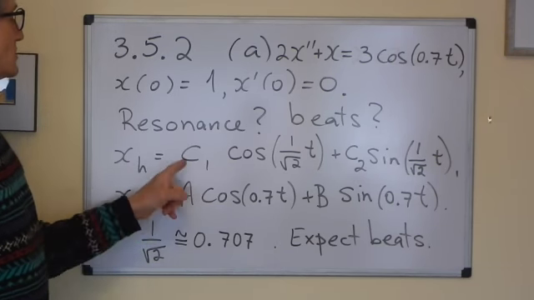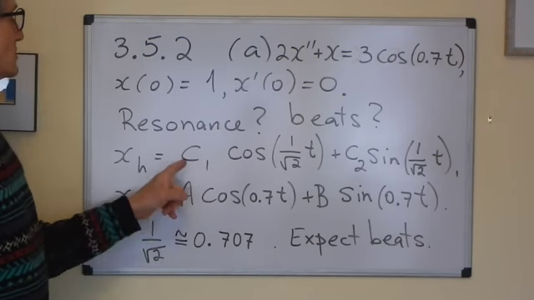Again, this problem originally asked you to check this out using some kind of computation utility, not the way I'm doing it. I'm doing it to complement the problem that I hope you're doing. Putting the particular solution into the left-hand side, we get this linear combination of cosines and sines. This from the second derivative, minus 0.7 squared.